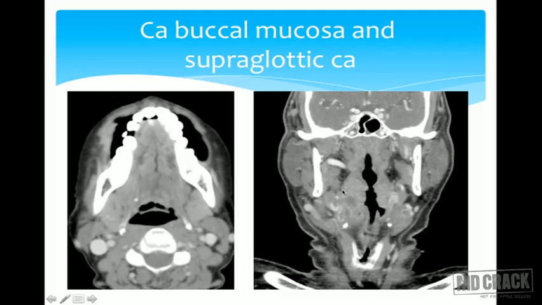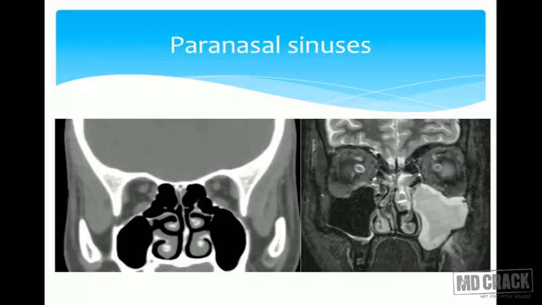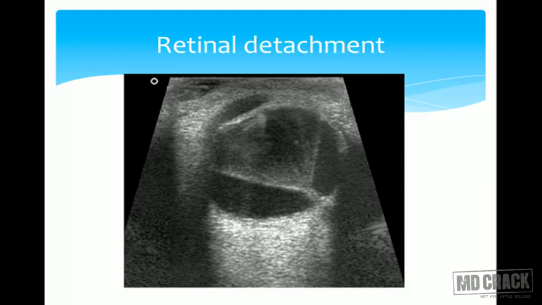CT is definitely preferred over ultrasound for local evaluation or local staging. Paranasal sinuses, X-rays followed by CT. MRI is rarely used unless you're suspecting a malignancy or you want to see if there's any intracranial extension of any particular disease process.